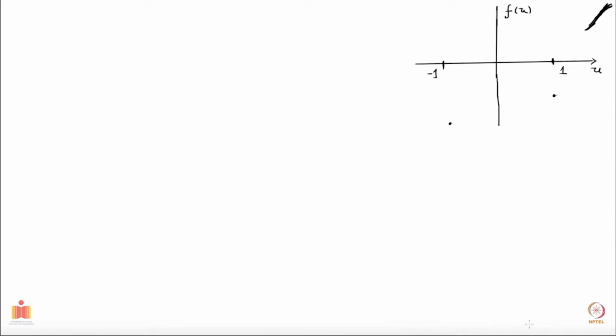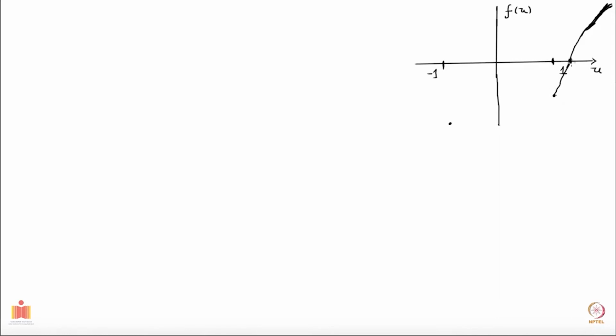So which means that somewhere in this interval f of u should become positive, so it should be above this horizontal line. Now my function is negative here, it goes to infinity at very large values, and then it should definitely come down to negative, because it has to be negative at u equal to +1.